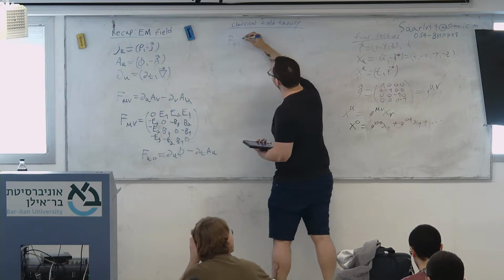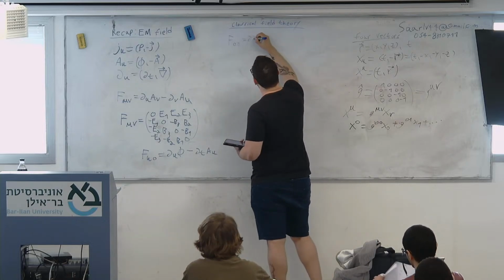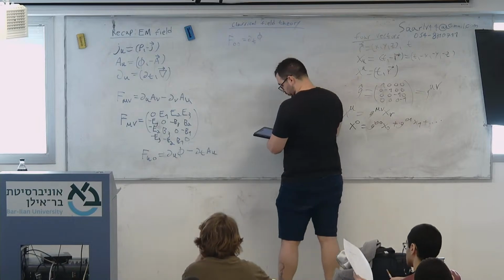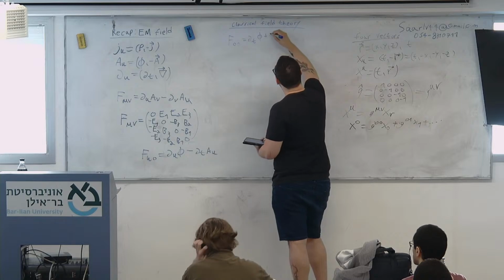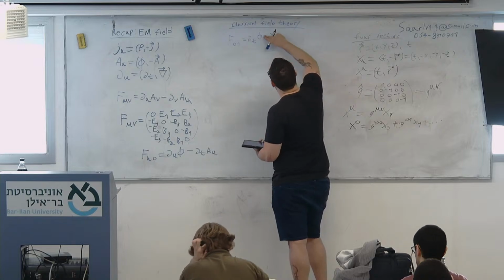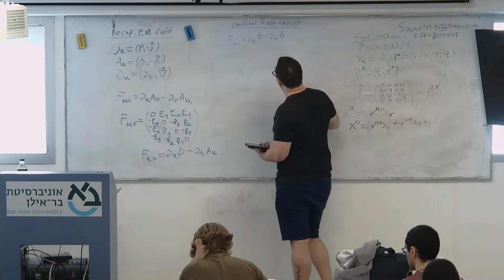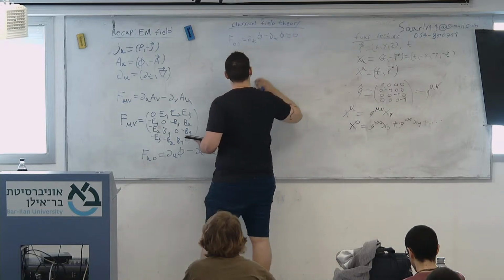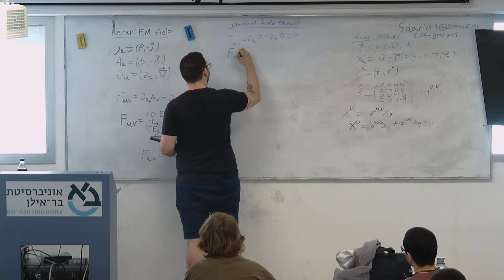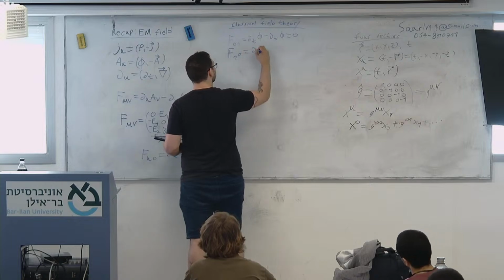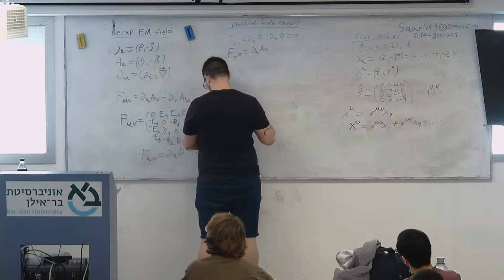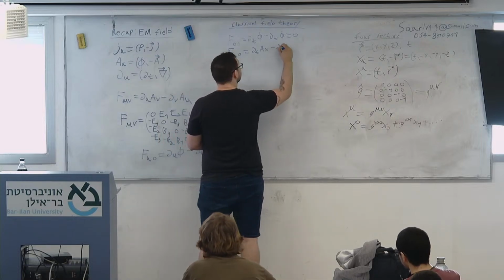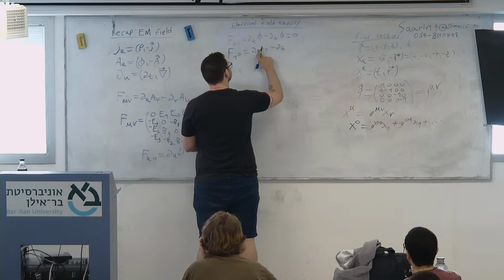F00 equal to dot t of rho phi minus dot t of phi 0. F10 equal to dot t of Ax minus... no, dot x.